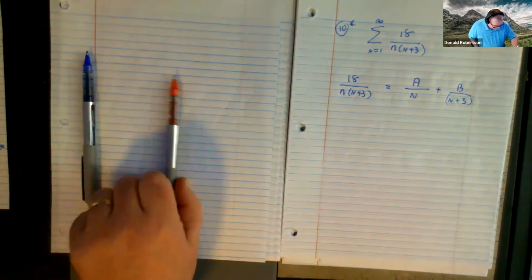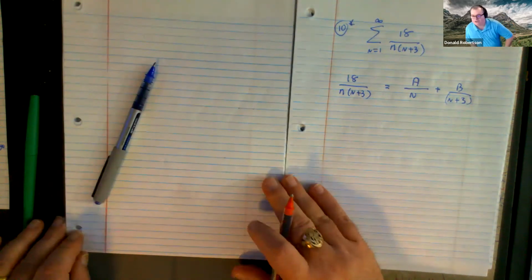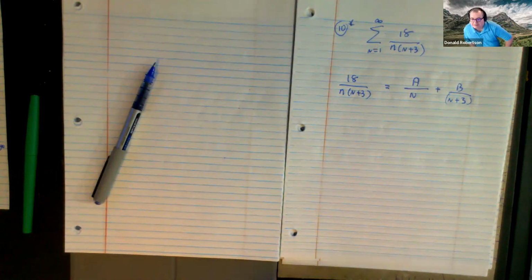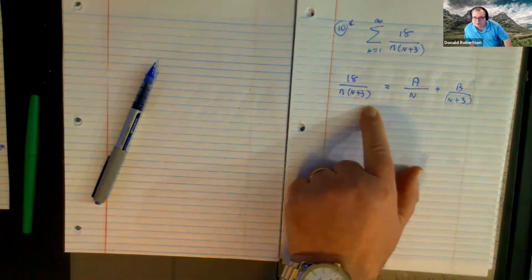And for those who got me in Calc 2, you know the cover-up method. If you came from someone else, you will know the general algebraic method. If you like that method, keep doing it. But here goes. I want to know the number that's A. I go over here and I cover up that n, right?